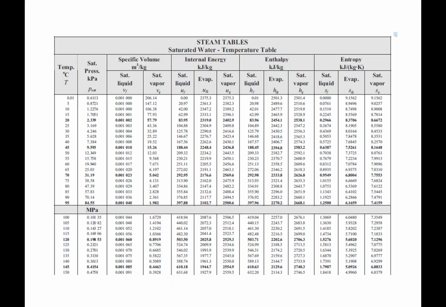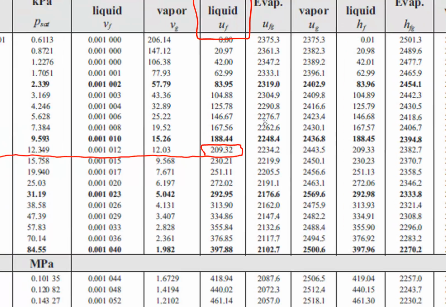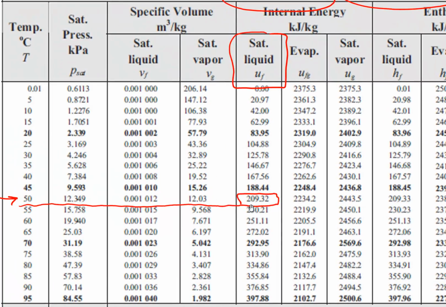Here's a water table, saturated water, a temperature table. We're interested in internal energy for saturated liquid conditions, and we're looking for the correct temperature, and we're lucky now that the value we need is 50 C, so we're going to go across here until we get to the saturated liquid value for internal energy that we're looking for. Let me see if I can blow that up a little bit. The value that we're looking for at 50 C is 209.32.